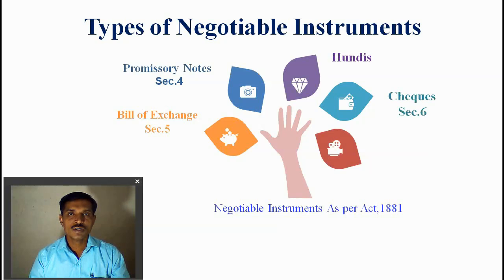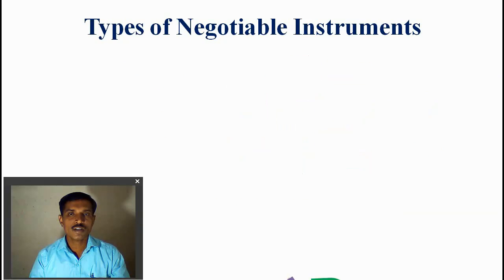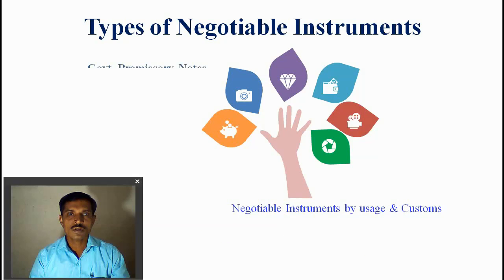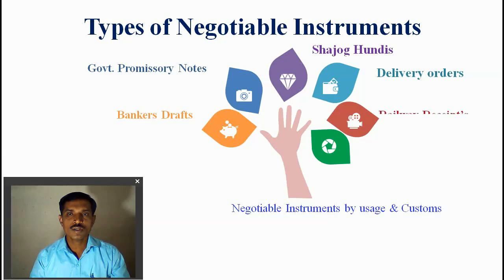The hundi is also a negotiable instrument, and treasury bills. Some negotiable instruments are also used by traders and in customs, such as the government promissory note, then bank draft, delivery order, charge of hundi, railway receipts and commercial papers.